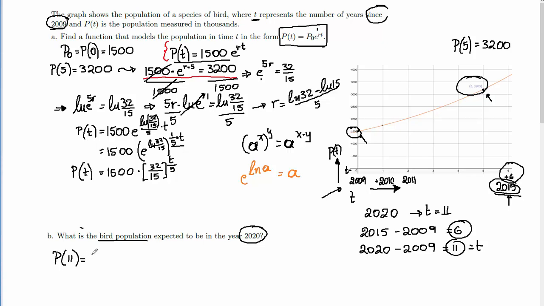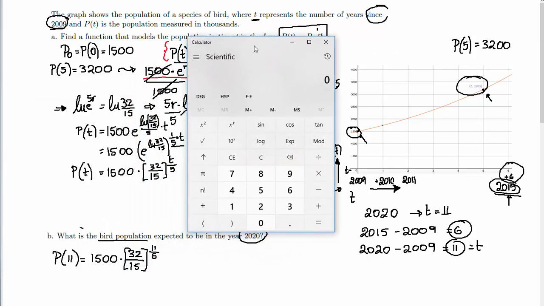So the only thing that I need to do is plug in the number 11 in my equation. And I have 32 divided by 15 to the 11 over 5. Now, if you want to calculate this, you need a calculator. So we can use the calculator right here and make sure that we enter the numbers correctly in the correct order.